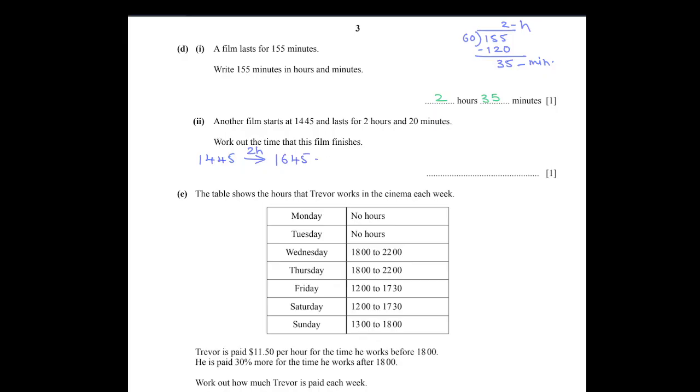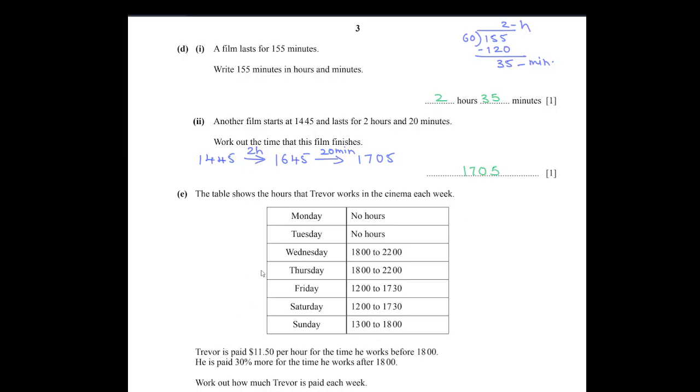Then after the duration of 20 minutes, 20 needs to be added to 45. So 45 plus 20 is 65. So 65 becomes 1 hour and 5 minutes. So 1 will be added to 16. So 17:05 will be the finishing time for the film.